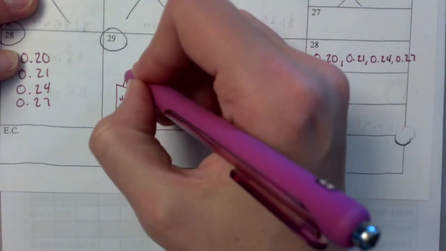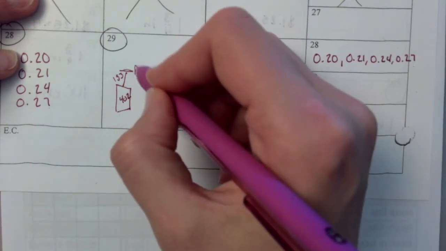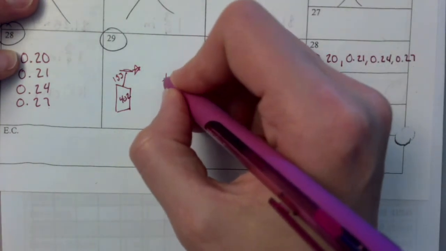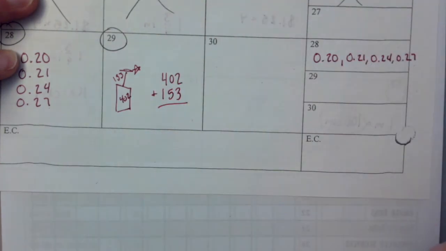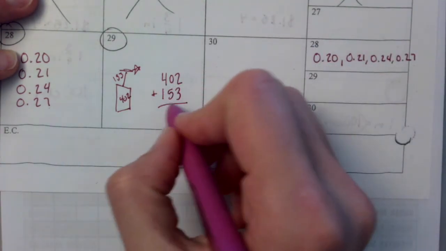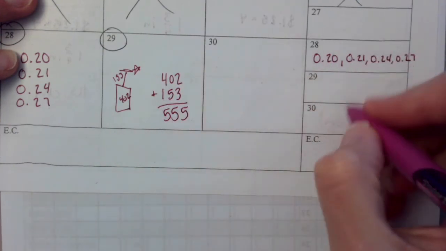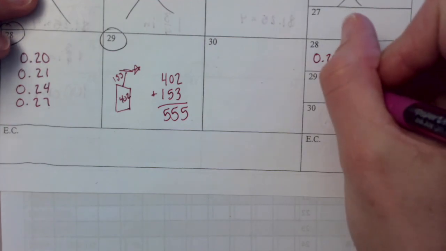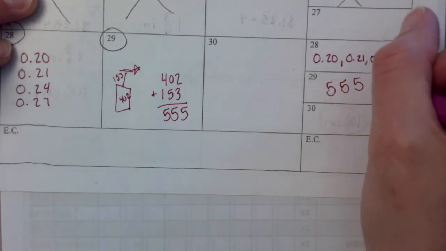This is 153 feet taller. So we need to add those to find out how tall the other one is. So 402 plus 153. 2 plus 3 is 5. 5 plus 0 is 5. 4 plus 1 is 5. So we put 555 feet.